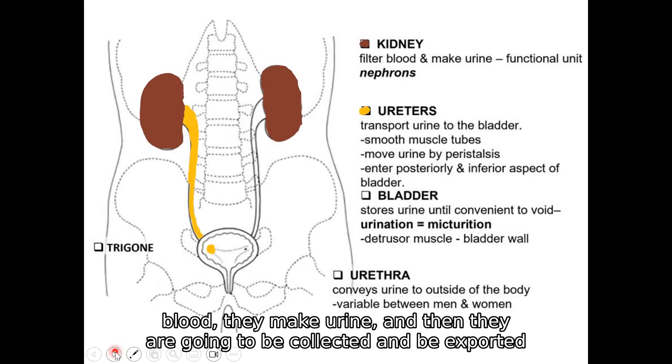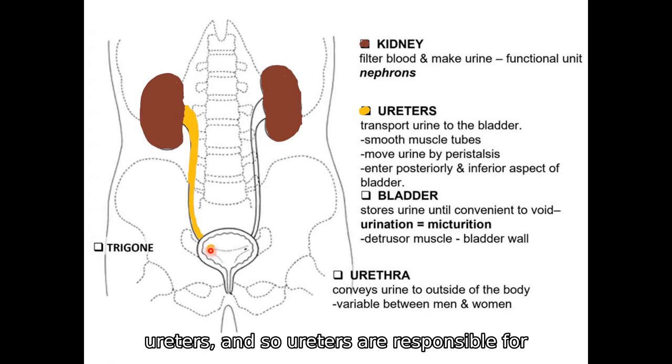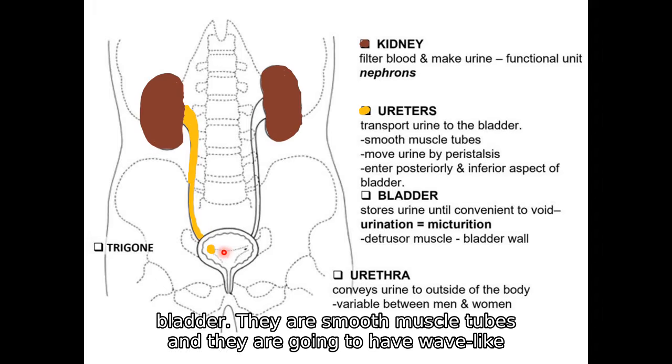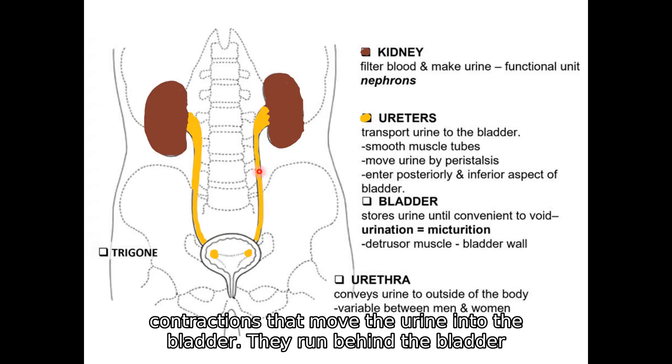So the kidneys filter blood, they make urine, and then it is collected and exported out of the kidney and travels through smooth muscle tubes called ureters. Ureters are responsible for carrying urine from the kidneys to the bladder. They have wave-like contractions that move the urine into the bladder.